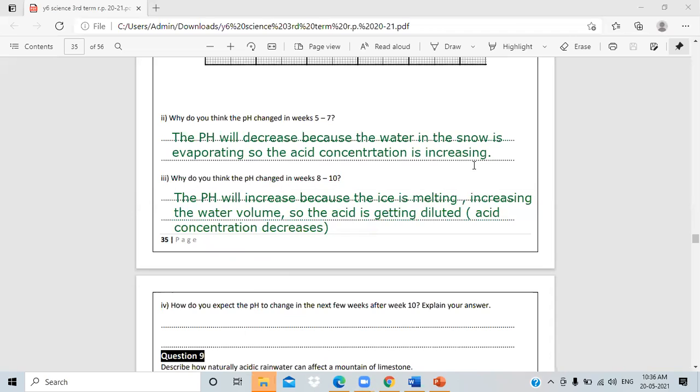Okay. Acid is getting diluted. And Najat, please don't tell me what is the meaning of diluted. I was not going to tell you this. Okay, you need to get back to the PowerPoint so that you can know if you don't know. All right. Miss Nesma, yes?